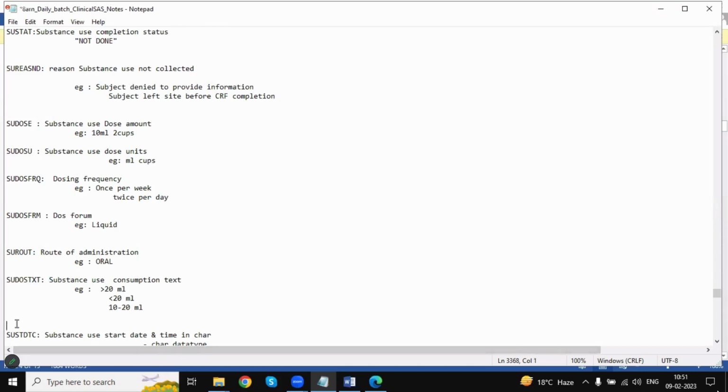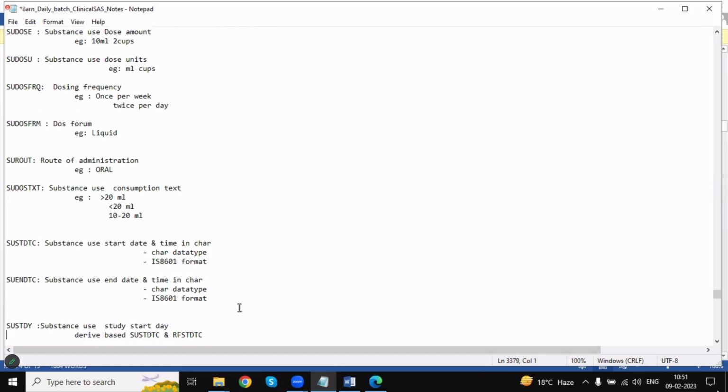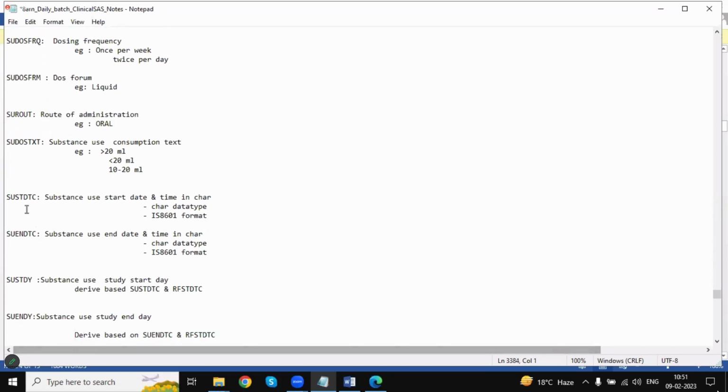Okay. Next, start date, end date. Obviously, when the habit started and when the habit ended. For all the dates, the same thing should apply: character data type and standard form. And if you have study start day and study end day, can I derive them? Sorry, SUSTDTC and SUENDTC we have.